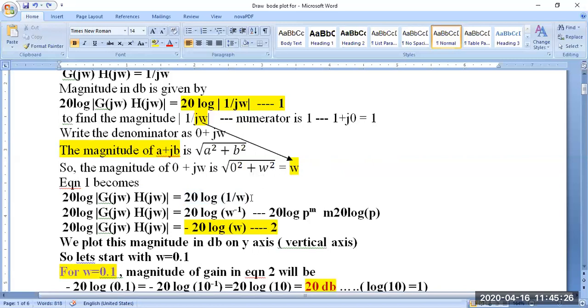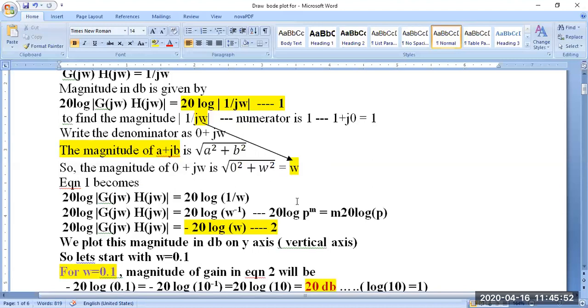Now we are going to plot this. See, 1 upon omega means omega raised to minus 1. So when the omega from the denominator comes to the numerator, the degree will get changed to negative degree. Now we have a rule in log. If we have 20 log p raised to m, then it will be m into 20 log of p.